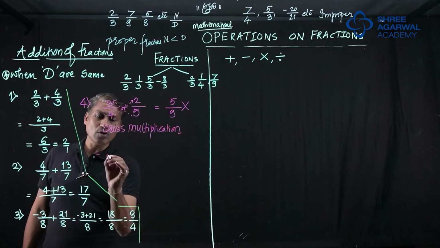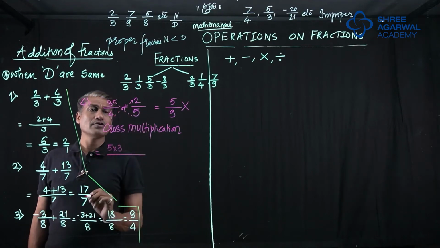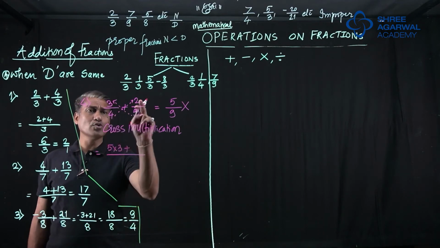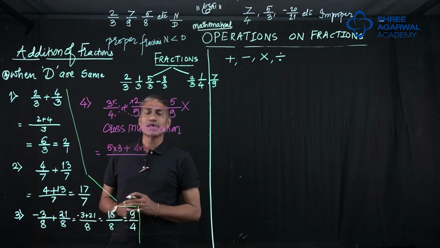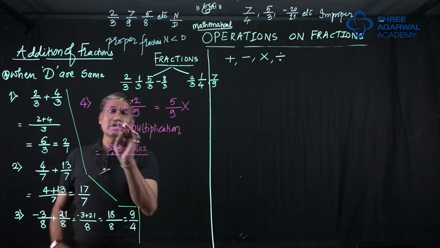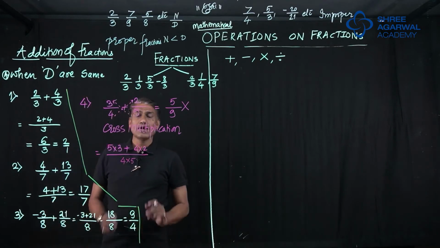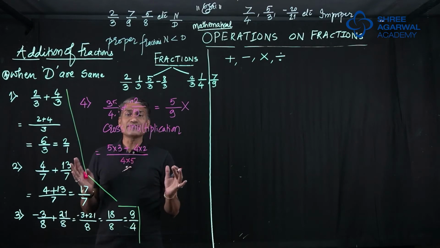So I would say, okay sir, 5 3s are plus. If it is plus, you have to give plus. 4 2s are. Numerator is over. And now the denominator is obviously 4 5s are. Now cross multiplication is over. Now we have to simplify.